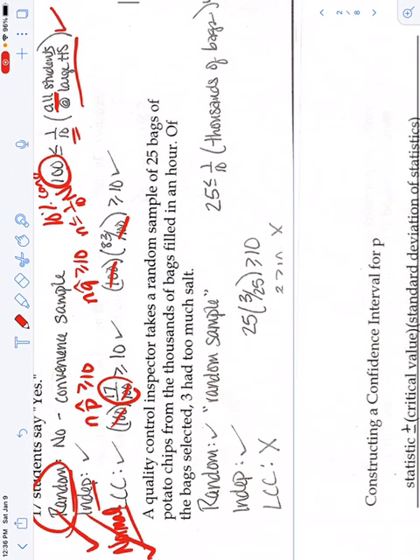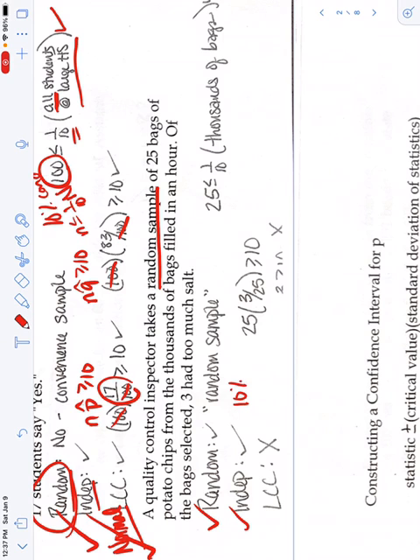So looking at the third one, a quality control inspector takes a random sample of 25 bags of potato chips from the 1,000 bags filled an hour. Of the bags selected, 3 had too much salt. This is a random sample, yes. It is independent.